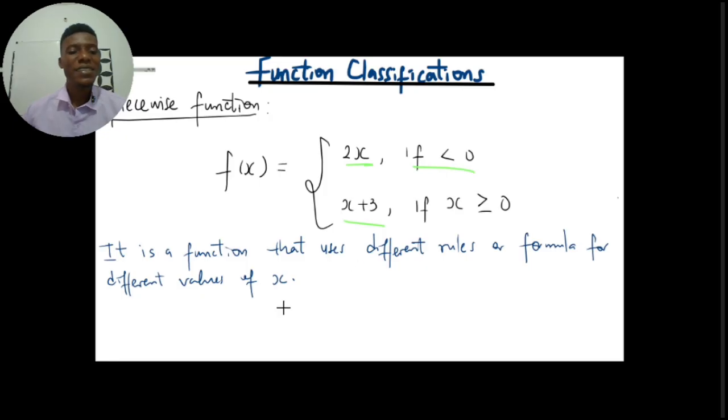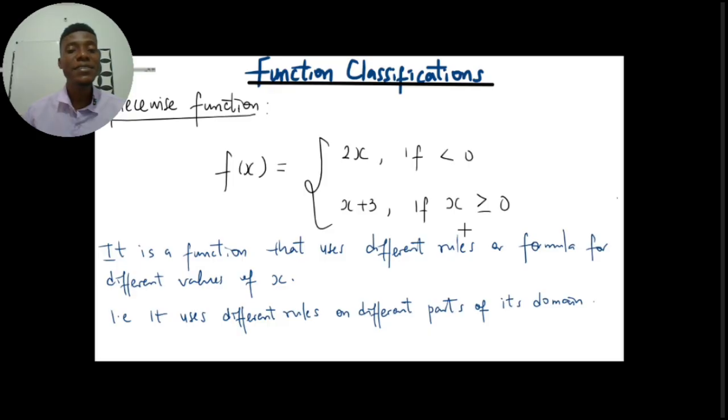What does that mean? It means that the function is in pieces. It is a function that uses different rules or formulas for different values of x. This is the rule when the values of x are less than 0. And this is the other rule when the values of x are 0 upward. That is, it uses different rules on different parts of its domain.